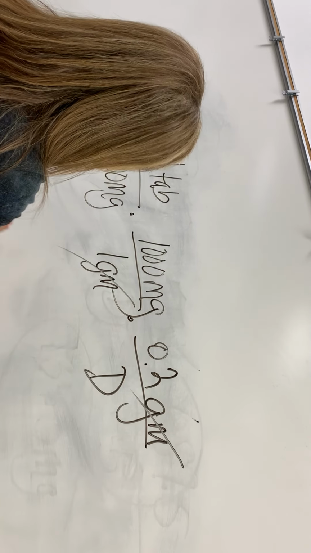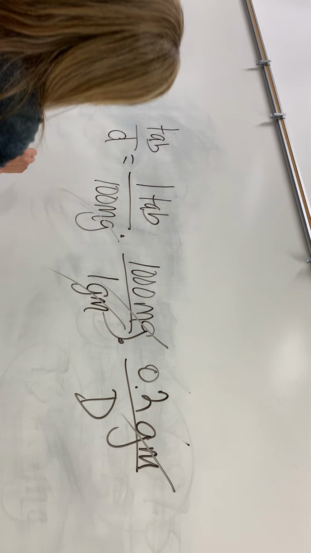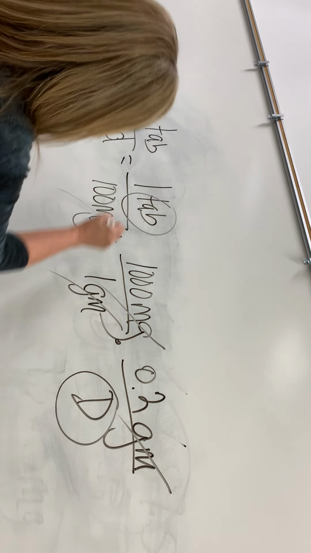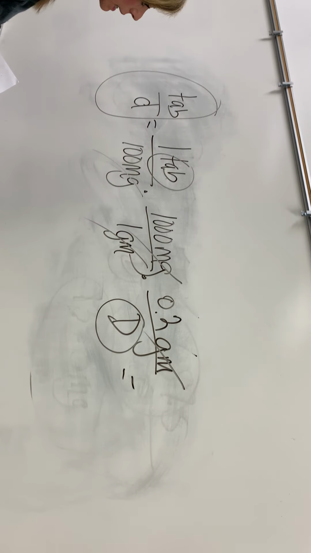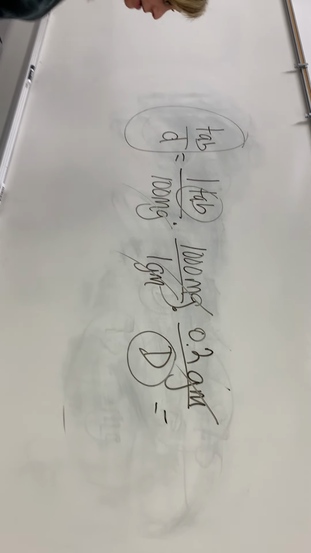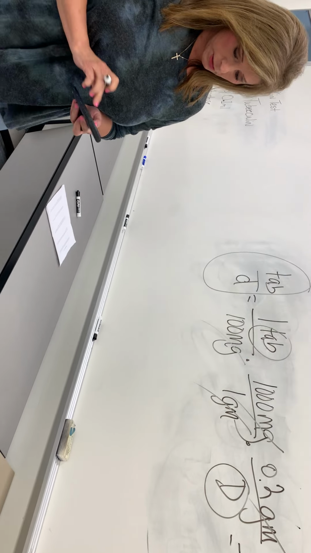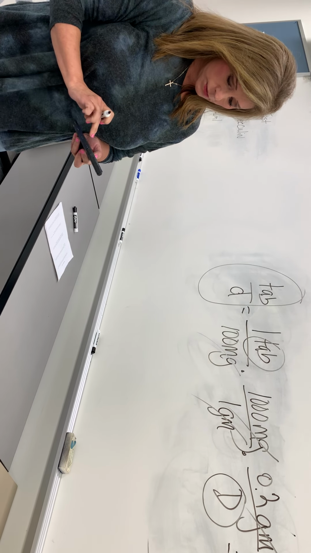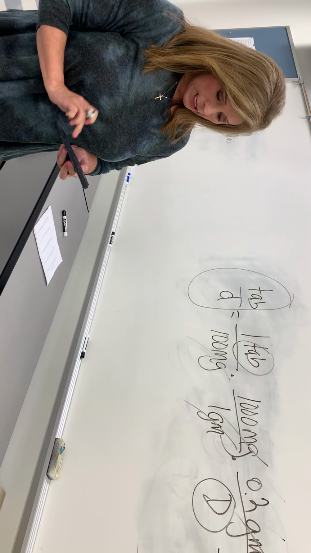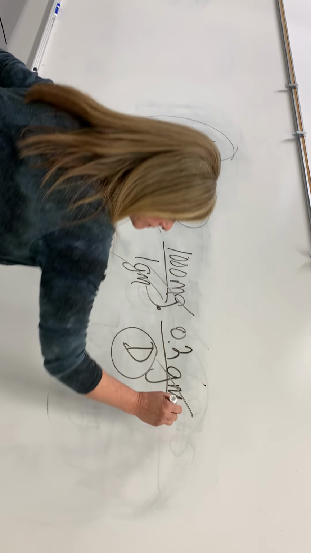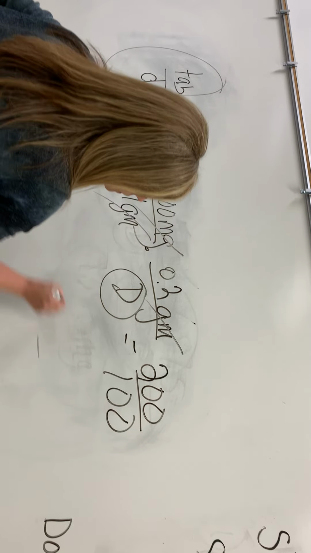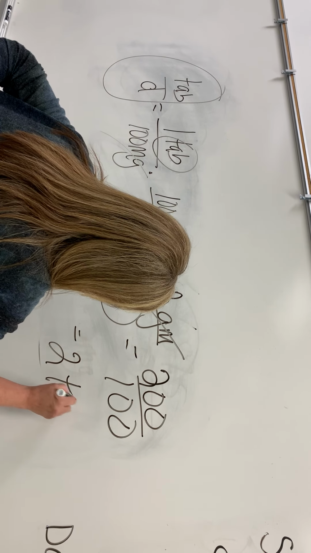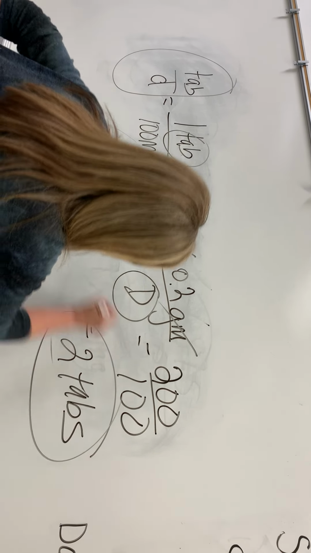I take off grams and milligrams, and I'm ending with tab over dose. That's what I'm looking for. So if I multiply 0.2 times 1,000, I think it's 200, but let's look. 0.2 times 1,000 equals 200. Over 100, we're going to give 2 tabs. That's our answer.